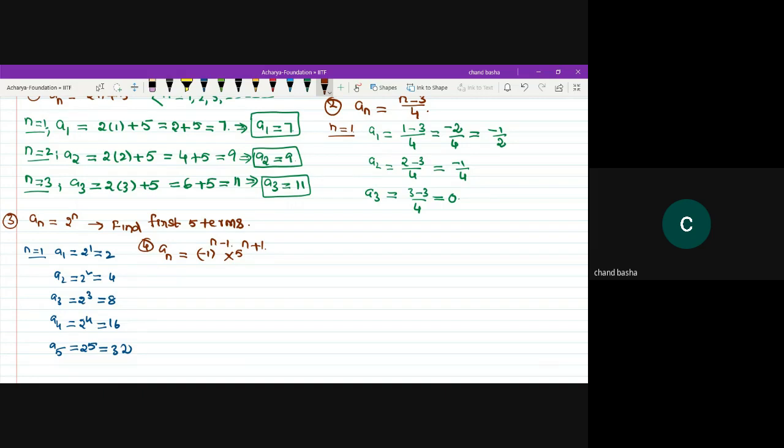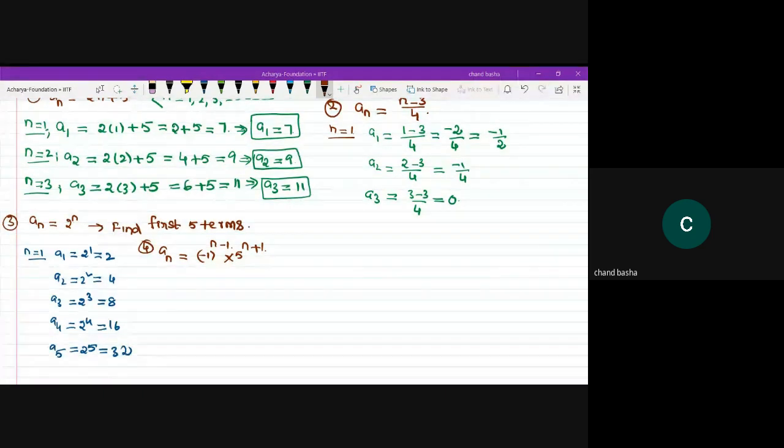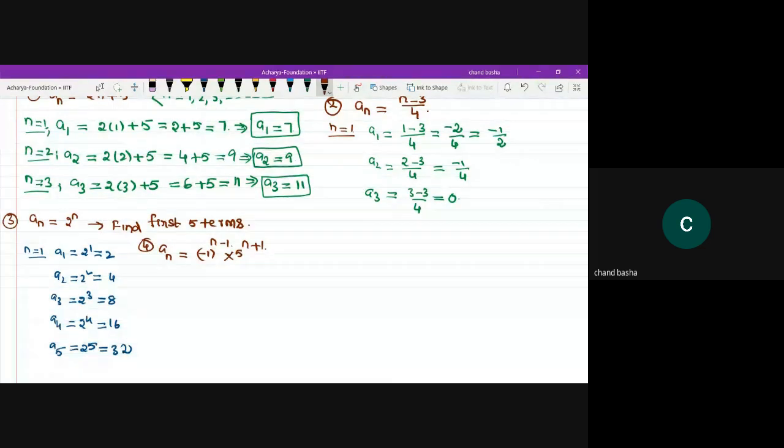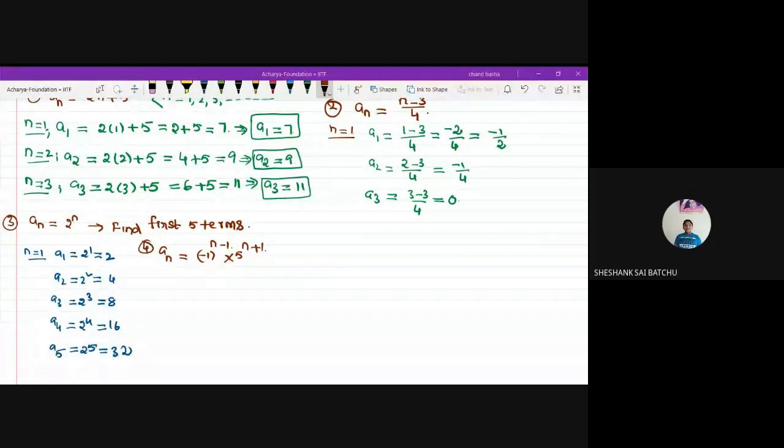As you know, n value starts from 1, 2, 3, 4, 5, 6. How many terms, sir? First 5 terms.